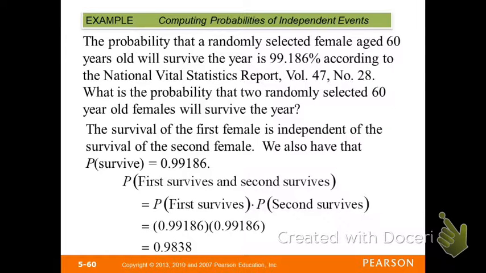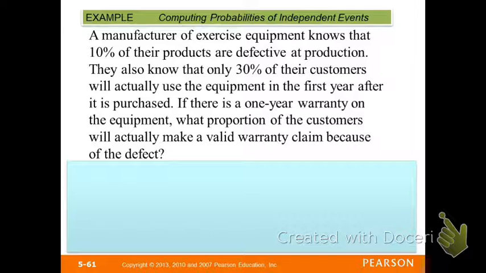Okay, so let's look at how this might extend to a different scenario. A manufacturer of exercise equipment knows that 10% of their products are defective. So the probability of a defect is equal to 0.1.